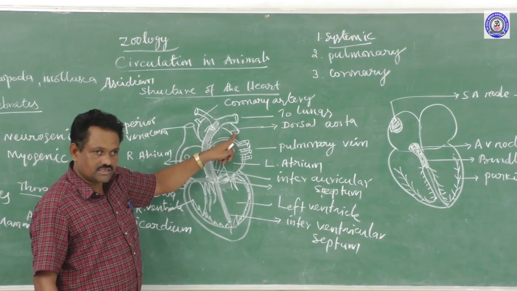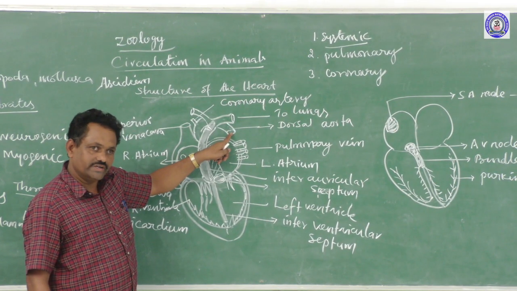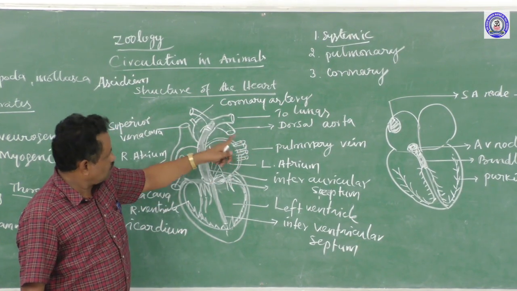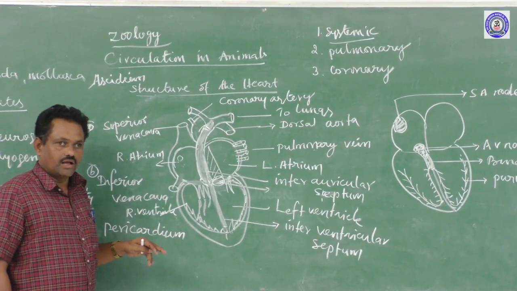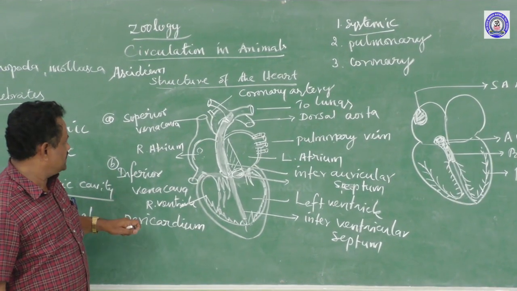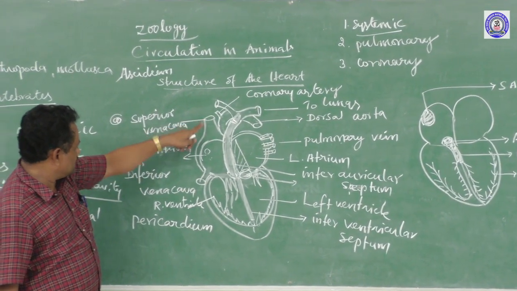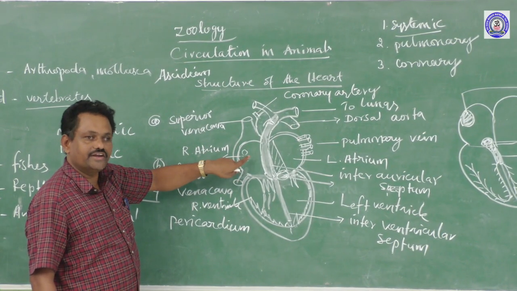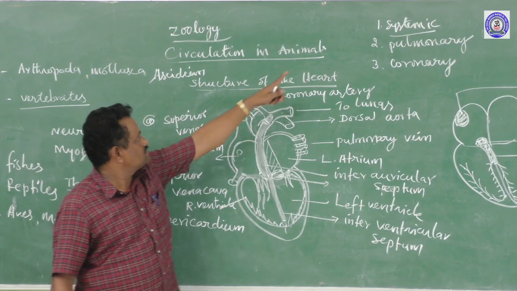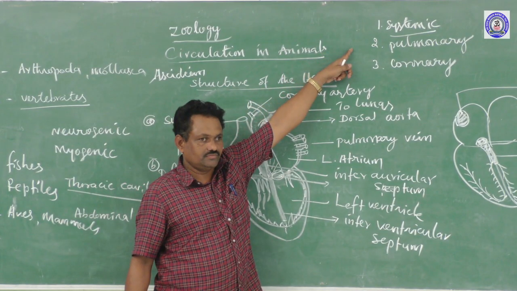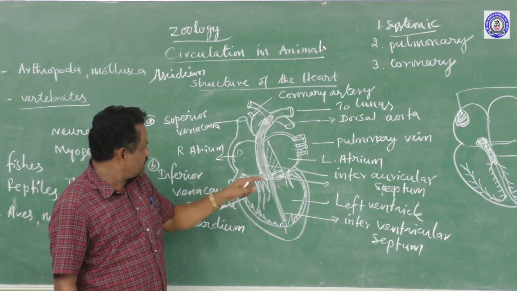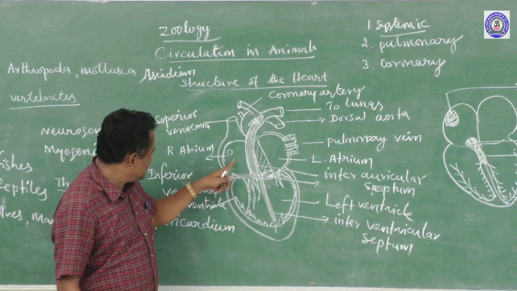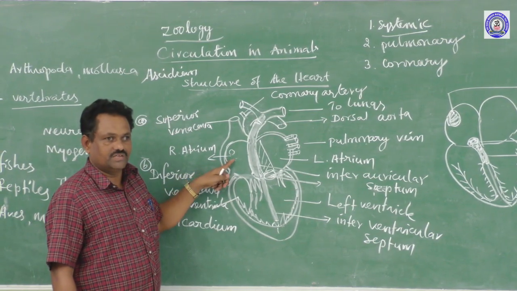The dorsal aorta supplies blood through its branches, that is arteries, arterioles and other vessels, to all parts of the body, and brings the deoxygenated blood through the superior vena cava and inferior vena cava to discharge into the right atrium. This is called systemic circulation. So systemic circulation begins in the left ventricle and ends at the right atrium.